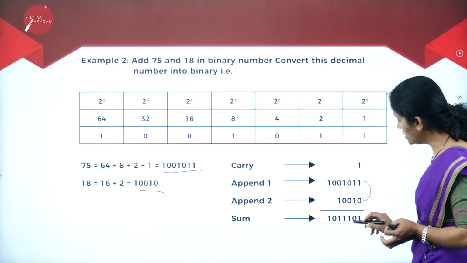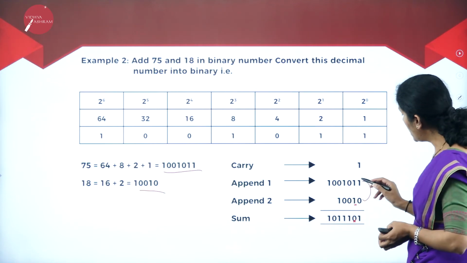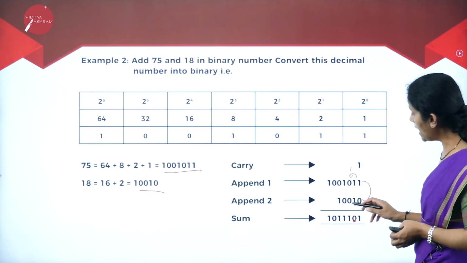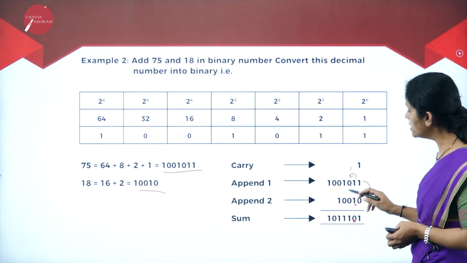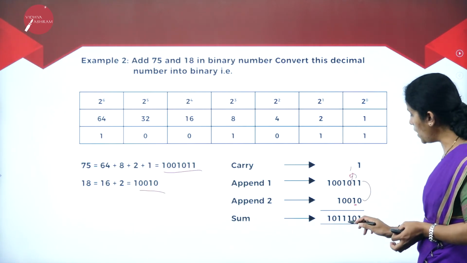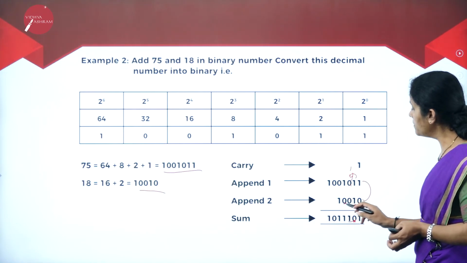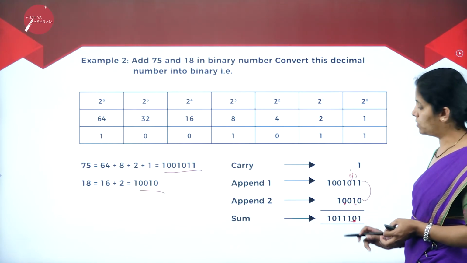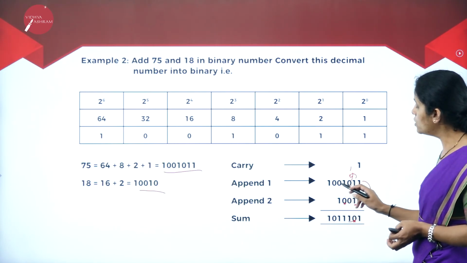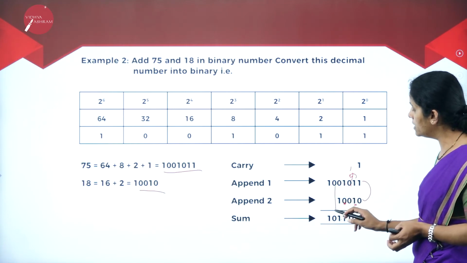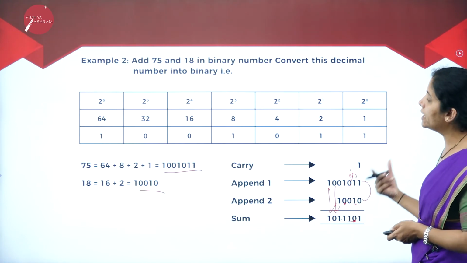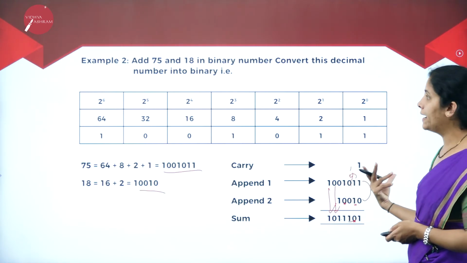That means I'm going to write the sum, that is 0, and I'm going to carry 1. Now, here I have 0. 0 plus 0, it is 0, but I'm having 1 carry. That is 0 plus 1, it is 1. Now, here I'm having 1 plus 0. That is 1 plus 0, it is 1. Now, here I'm having 0 plus 1, it is 1. So, I'll get the 0 as it is. I'll write the 1 as it is. This is the way I can perform binary addition.